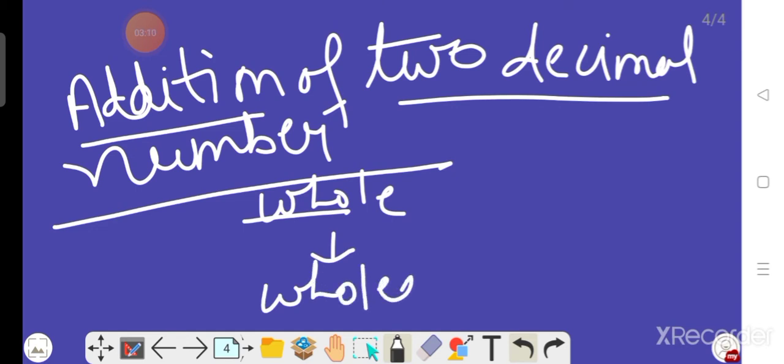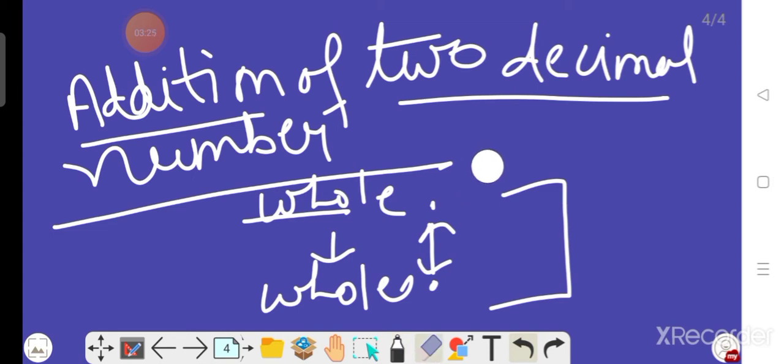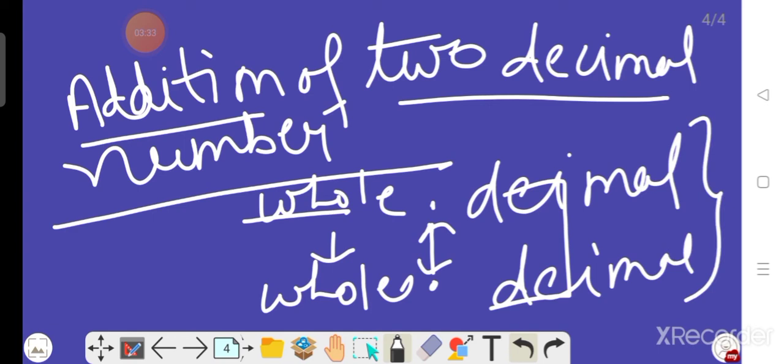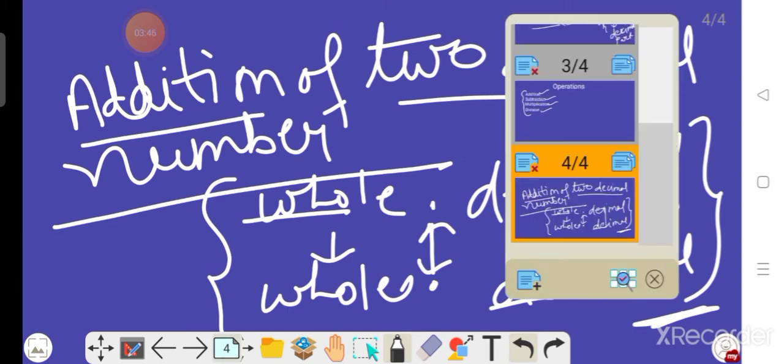Okay, and after that we have to check the decimal points are in the same position on both rows. Okay, and after that we have to write the decimal part, and then we have to start adding the numbers from the right side. Now let us take an example by which you will get it.